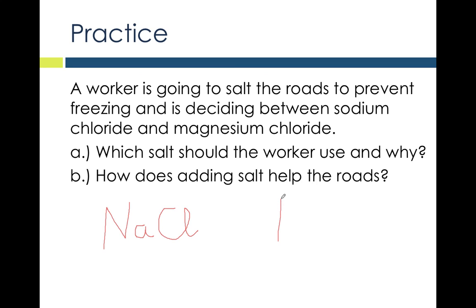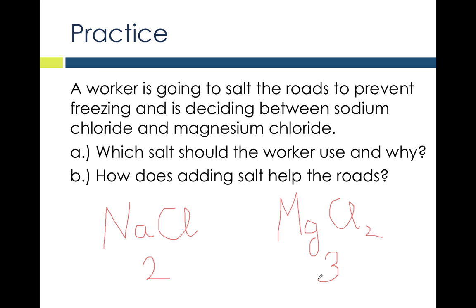And magnesium chloride, since magnesium has a 2+ charge and chloride has only a 1- charge, is going to end up being MgCl2. So let's think about the Van 't Hoff factor in each one. I have sodium and I have chloride, so here my Van 't Hoff factor is 2. Here I have magnesium and I have 2 chlorides, so 1 plus 2, my Van 't Hoff factor here is 3.